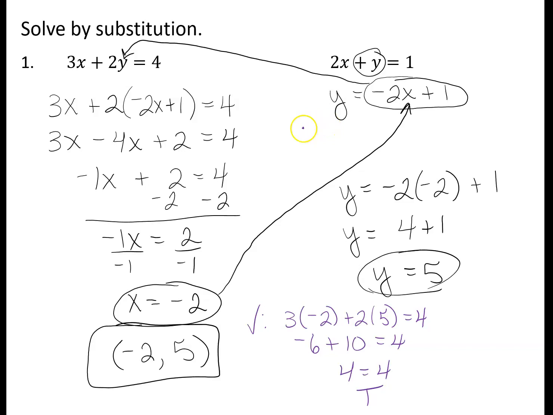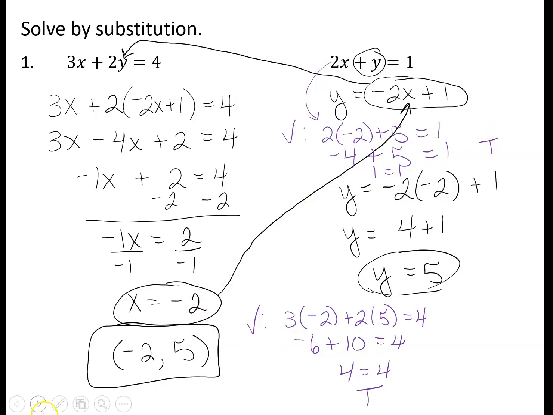I'm going to squeeze it in down here. So I'm looking at my original equation, and I'm plugging in -2 for x and 5 for y. So -4 plus 5, and that is 1. So 1 equals 1, true. So just remember, you can always check your answers when you solve a system of equations.